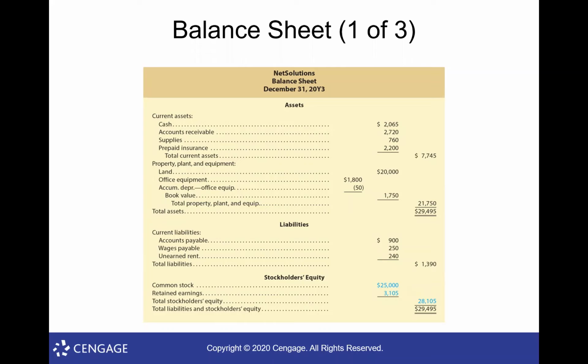If you can't remember my explanation as to what's different between temporary versus permanent, then at least just remember the accounts you're going to have to close are revenue, expense, and dividend. Okay.